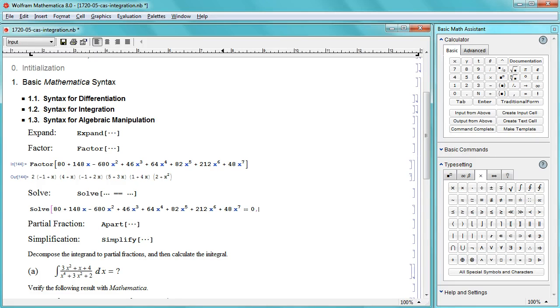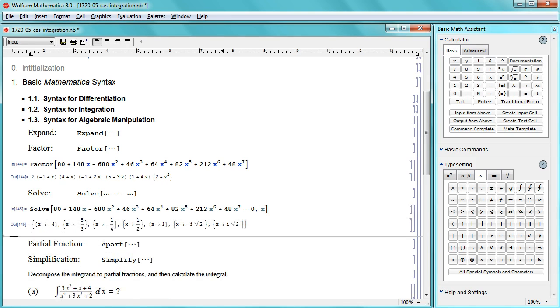One is that double equality. Second is specifying the variable. So solve it with respect to x. And then we have an answer like this. As a matter of fact, I think Mathematica will understand if you forget comma x. Yes, it did. But if you have more than one character, then you really have to specify with respect to which variable you have to solve.